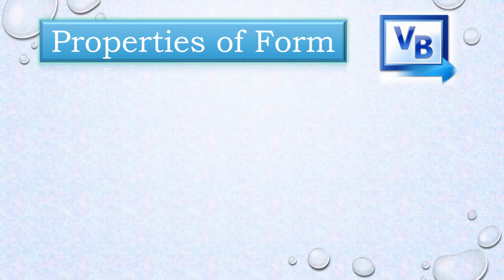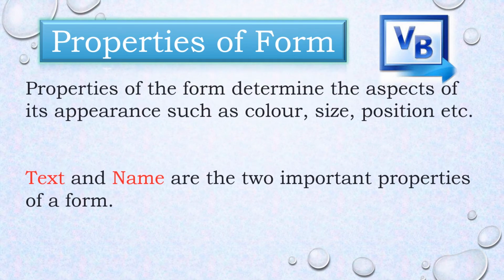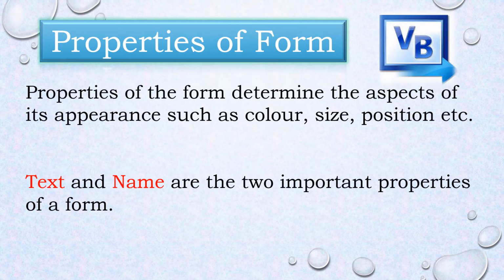Properties of form. Properties of the form determine the aspects of its appearance such as color, size, position, etc. Text and name are the two important properties of a form.